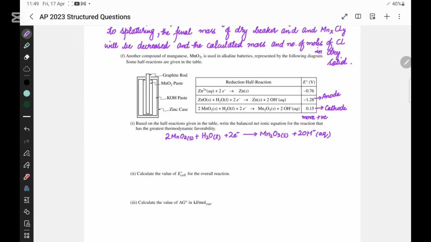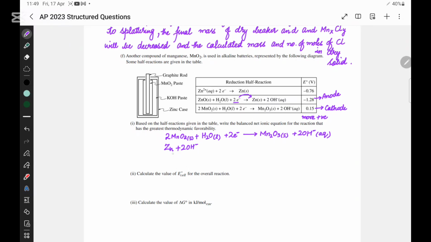And the anode is the one where oxidation takes place. In oxidation, the electrons are lost, and they are written on the right hand side. Here the electrons are on the left hand side, so we need to reverse this equation. So we are going to write Zn plus 2OH minus.